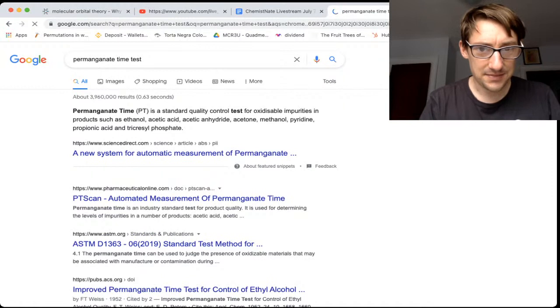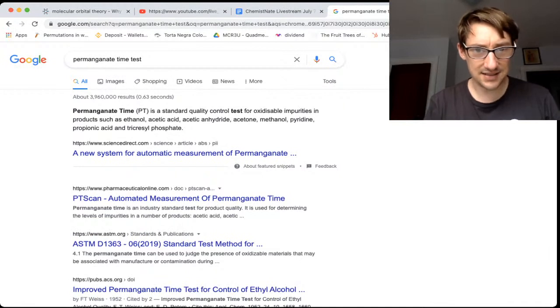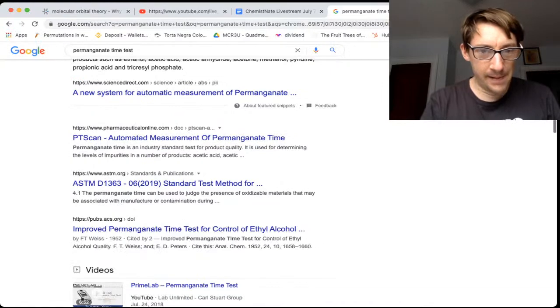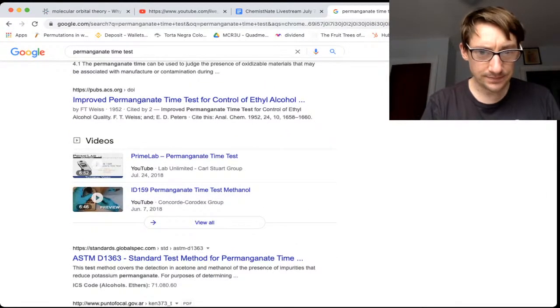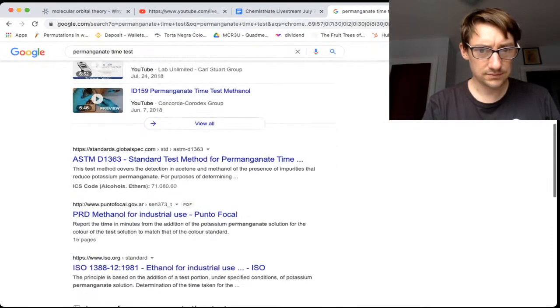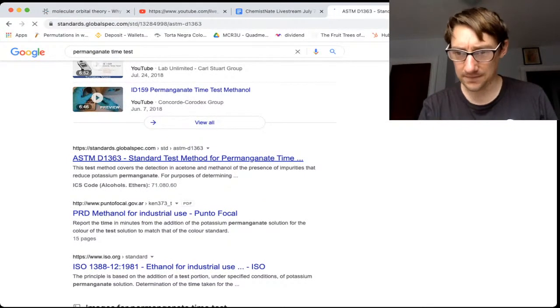Permanganate time is for oxidizable impurities in ethanol, acetic acid, and stuff. Well, that's fun, but I'm going to have to learn about it before I answer anything.